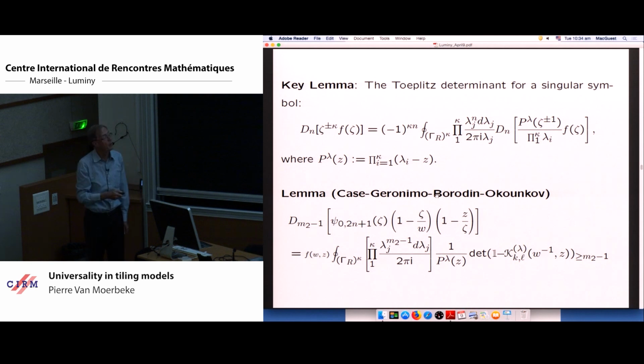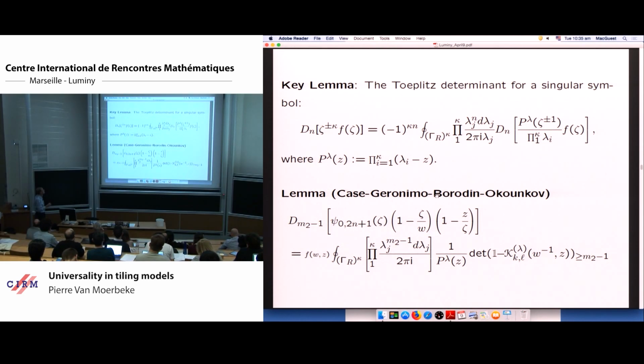I blow it up by replacing zeta to the kappa by a polynomial, p lambda of zeta, equal to the product of lambda I minus zeta. And I then integrate about a circle of radius r. It's a multiple integral, a k-fold integral of this tuplets determinant.